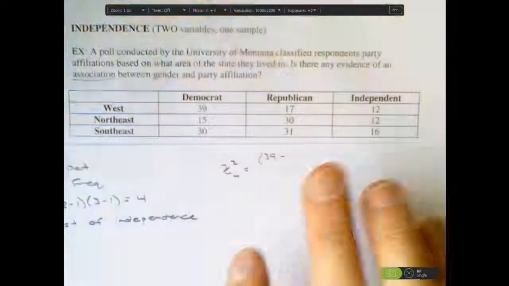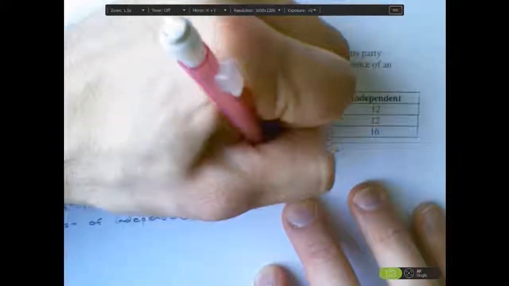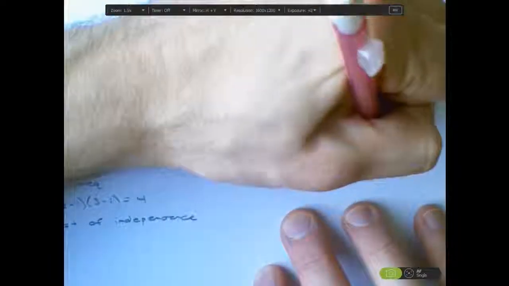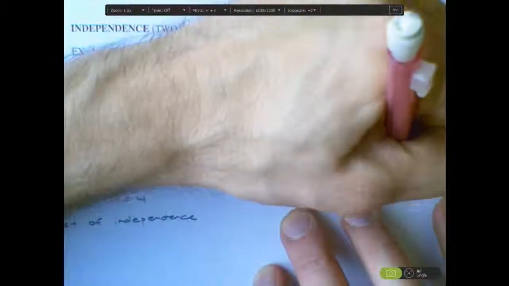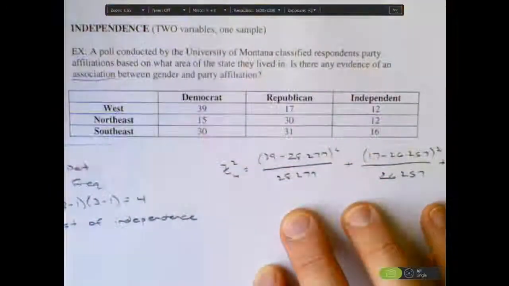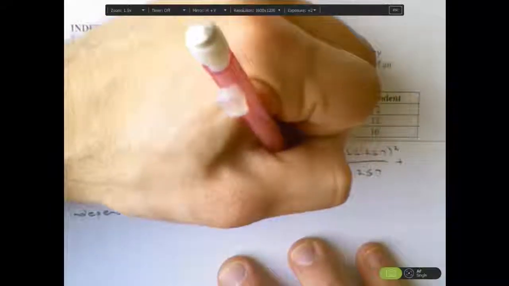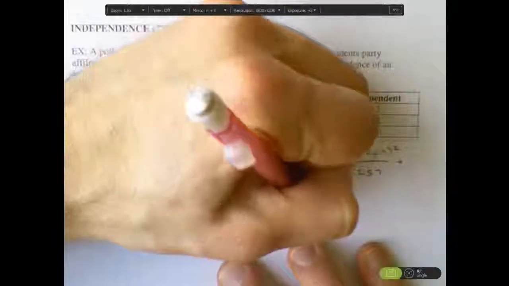Looking at matrix B, I'm just going to be referencing this for the next few moments. 28.277 squared divided by expected plus 17 minus 26.257 squared divided by 26.257 plus, running out of room, plus dot dot dot. The last formula you would need is 16 minus 15.248 squared divided by that expected.